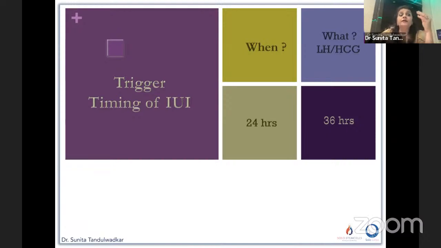So the husband ejaculates and then sits, and we do the egg retrieval, and 2 hours after the egg retrieval, he will again give me a sample. So don't think 3 days, 4 days abstinence is needed. I don't know whether the washed sperm has fertilized or the unwashed sperm has fertilized. It makes no difference to me as long as fertilization and pregnancy have happened.